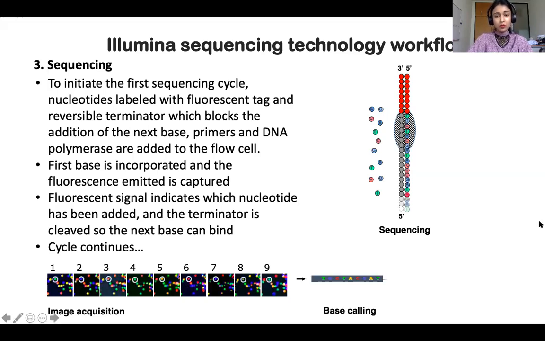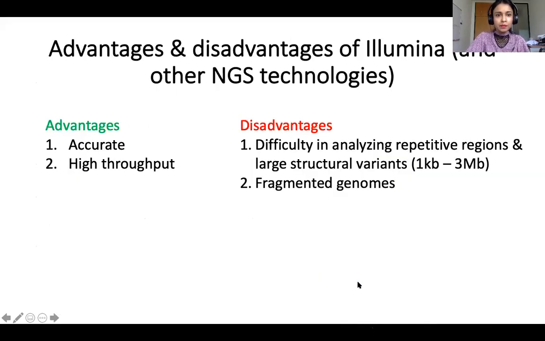This is what you call base calling, and it gives you the sequence data at the end of it. Some of the advantages and disadvantages of Illumina as well as other NGS technology is that it is very accurate because the reads are short, and it's high throughput.